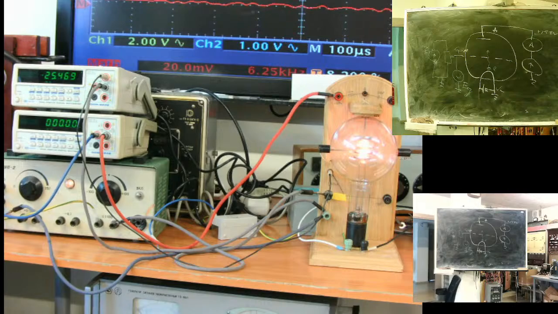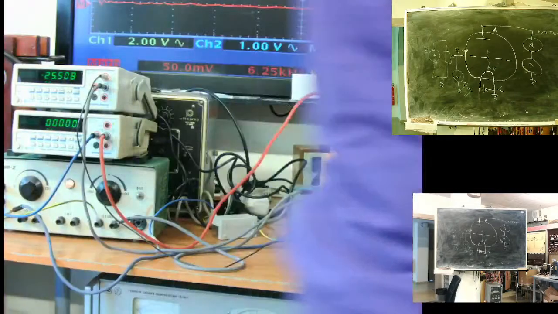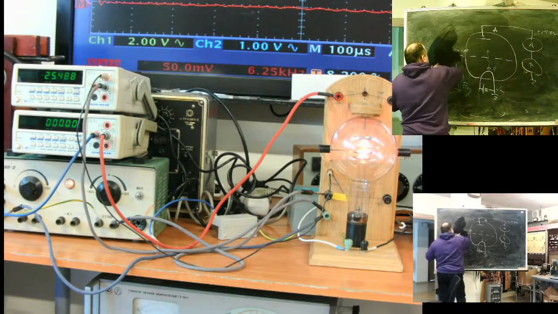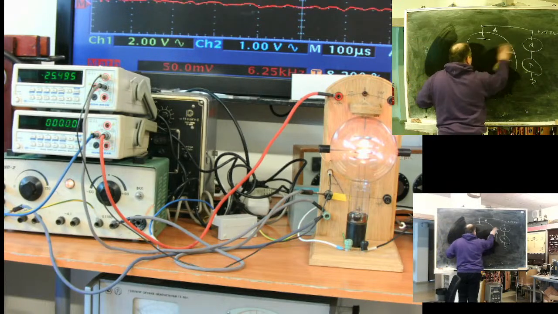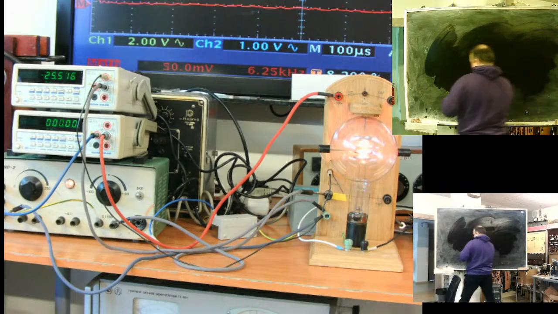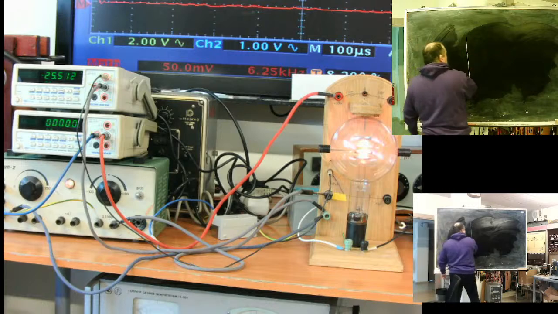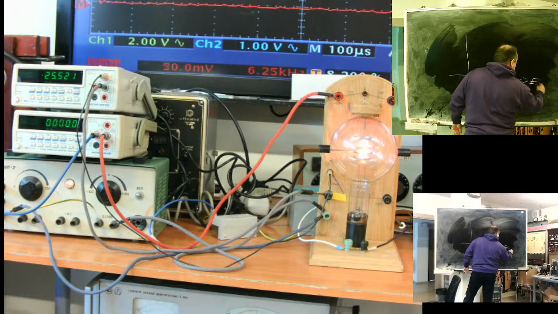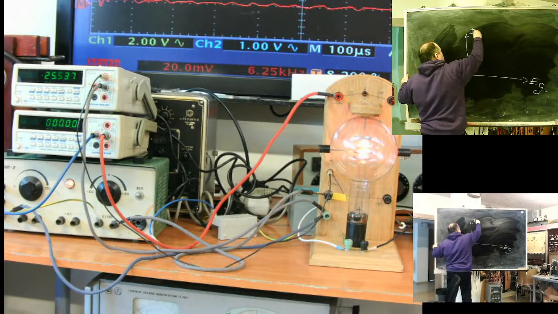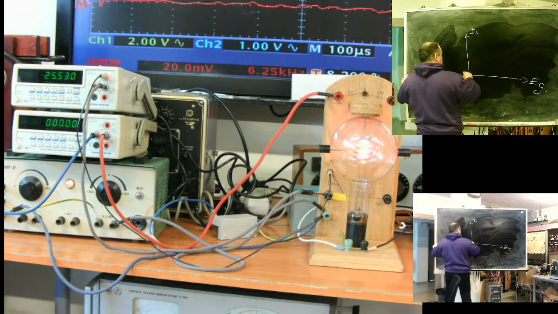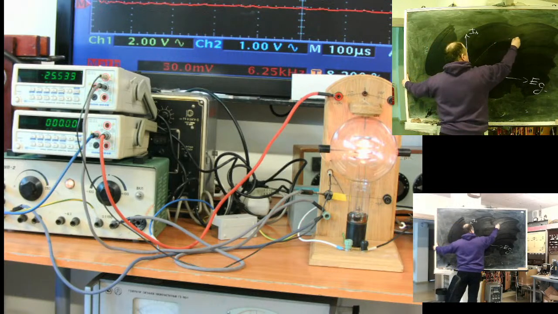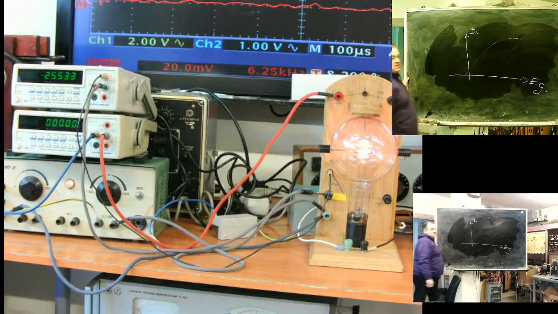If you draw a chart and know the current as a function of grill voltage, it will look like this.